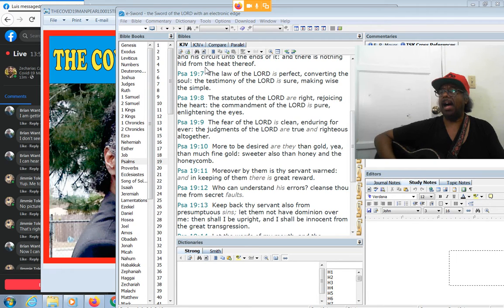The fear of the Lord is clean, enduring forever. The judgments of the Lord are true and righteous altogether. Sweeter also than the honey and the honeycomb.